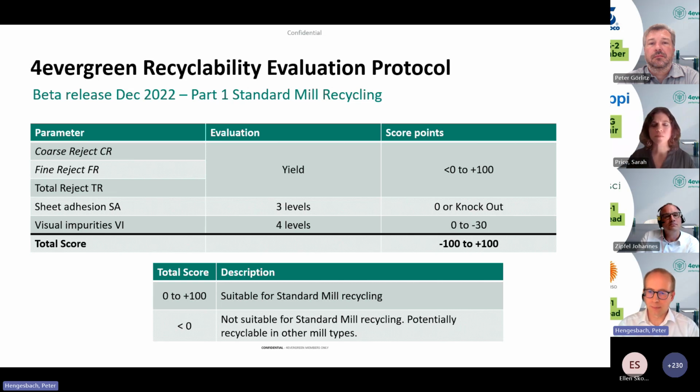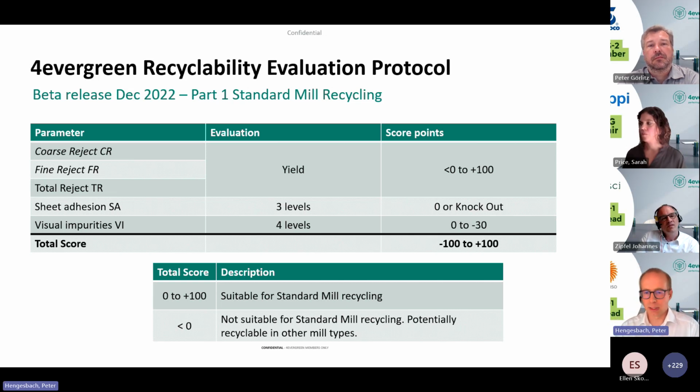This beta release was published in December 22. Since then, we have been working on gaining more experience and more data with this evaluation protocol to further improve it. This will then be implemented in version 1, which will be published at the beginning of next year in January, as you saw on an earlier slide.